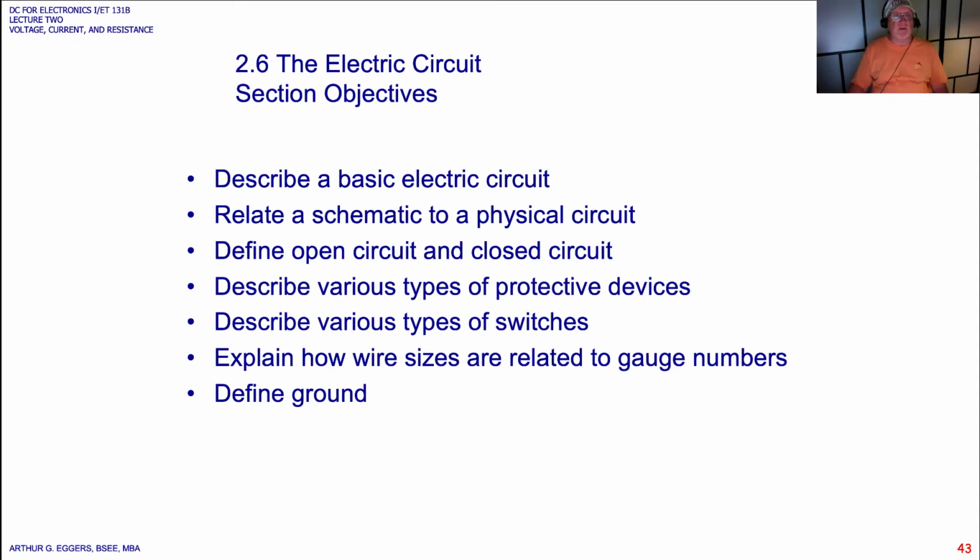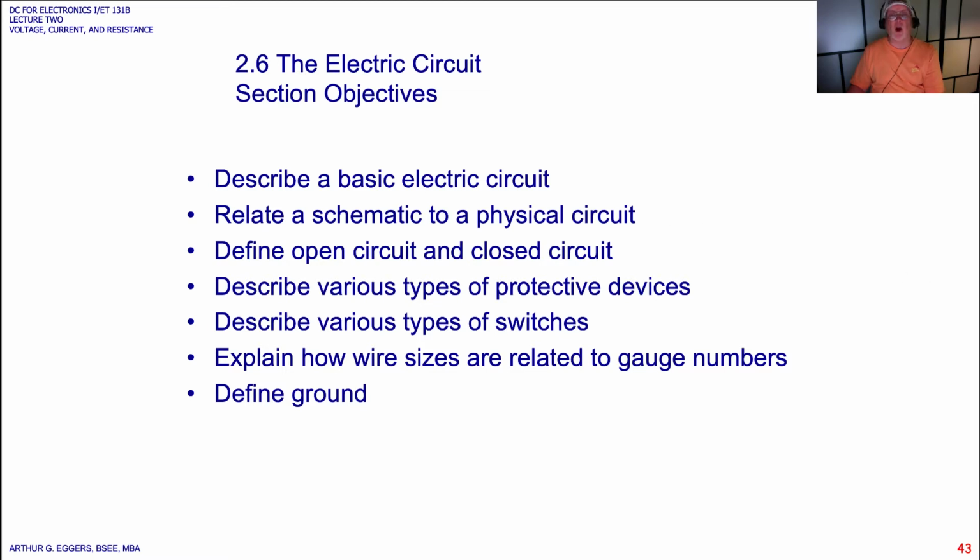All right, so we've looked at voltage, current, and resistance and learned a little bit about the characteristics associated with them. Now we need to look at how we put all of these together to form something called the electric circuit. So we're going to look at the basics. We're going to start learning how to relate them to something called the schematic diagram and a physical layout on a circuit board.